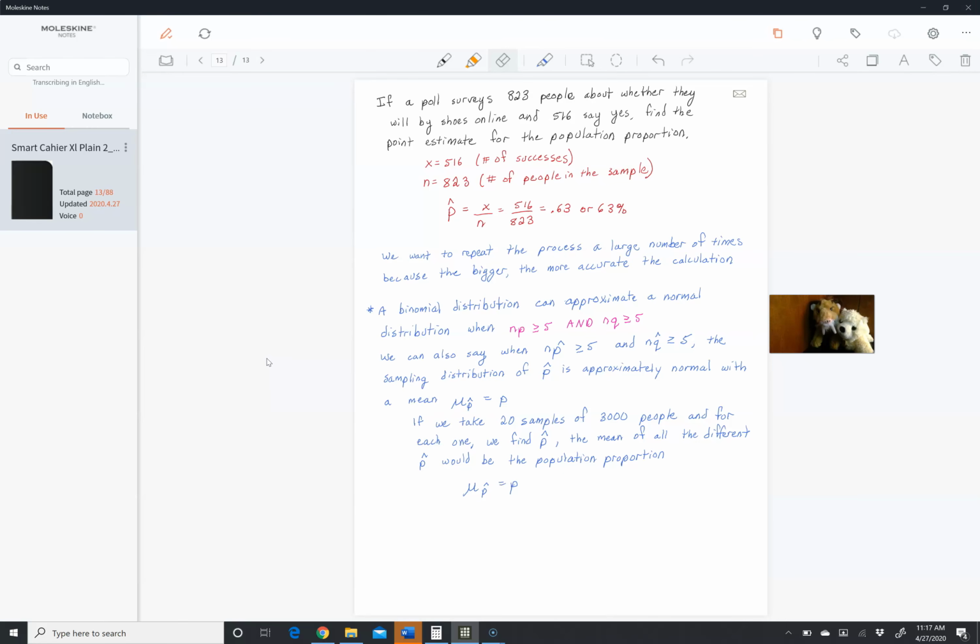Okay, now we also have something called a standard error, which is the standard deviation of all of those.